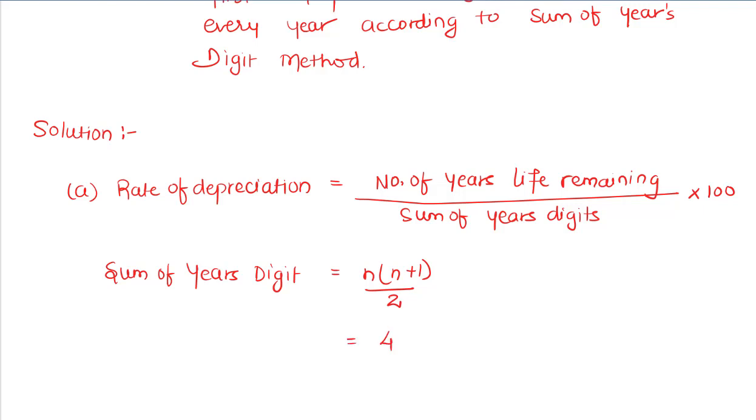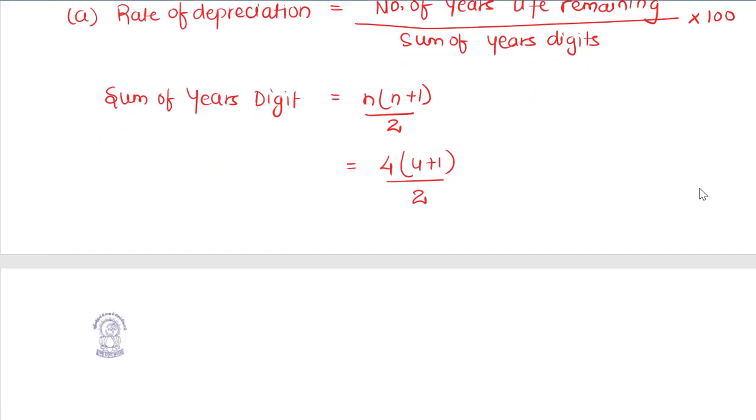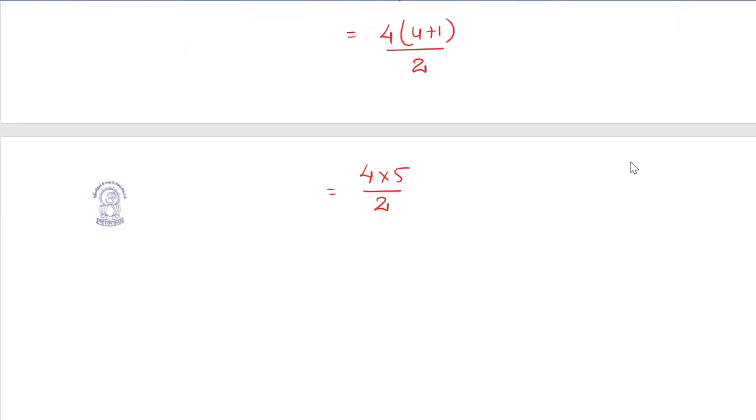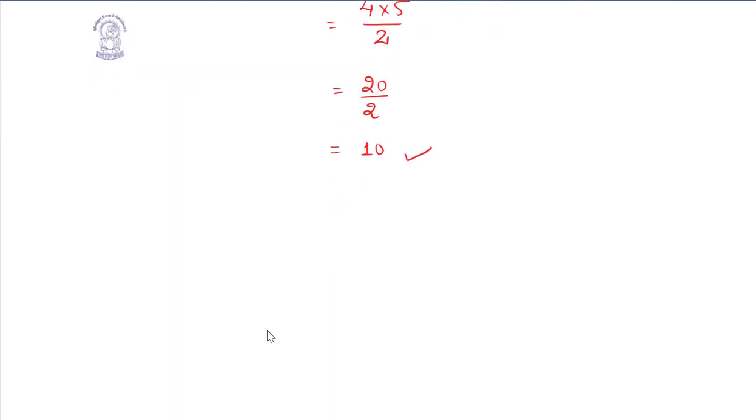N, the number of years, is 4. 4 plus 1 is 5, so 4 multiplied by 5 is 20, 20 by 2 equals 10. Sum of years digit is 10.